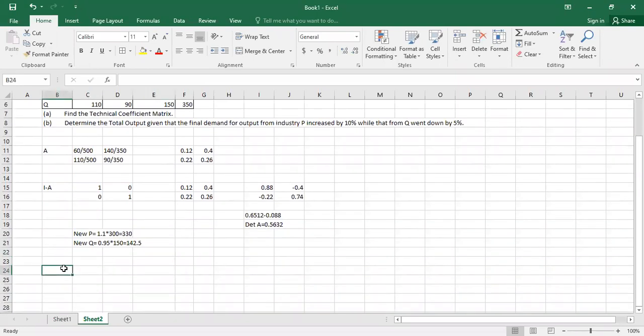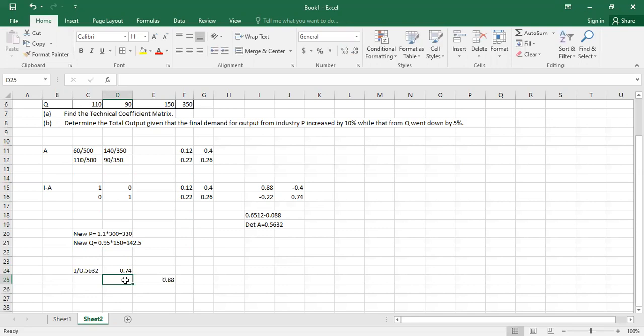So I'll start. You know how we were getting the inverse, 1 over determinant. So it will be 1 divided by the determinant, which is 0.5632. Then I'll multiply by my inverse, right? And for the inverse, remember we exchange the leading diagonal. So 0.74, I exchange it with 0.88. Then I negate the other diagonal.